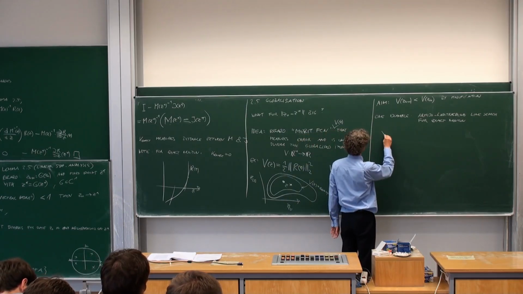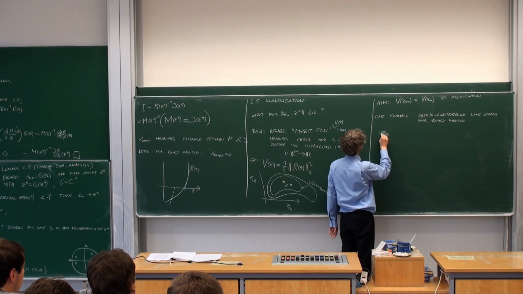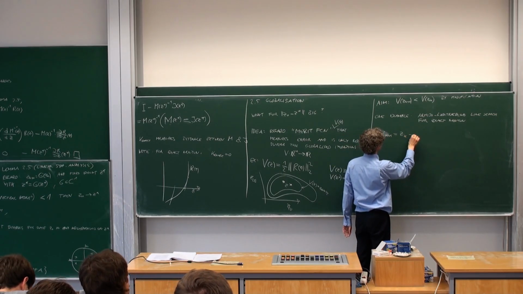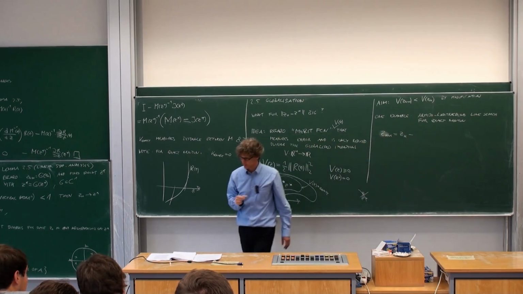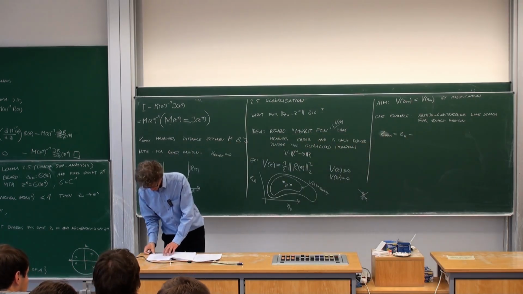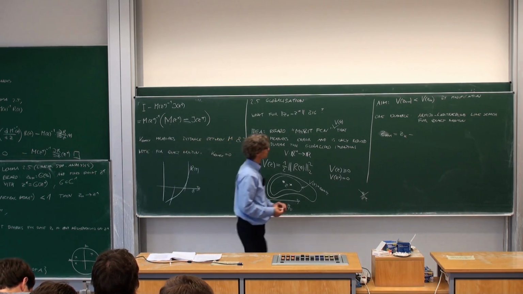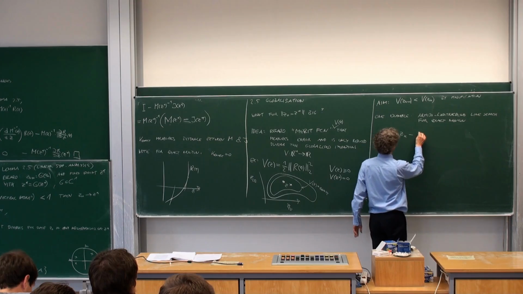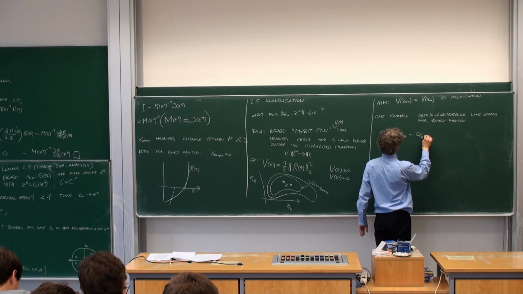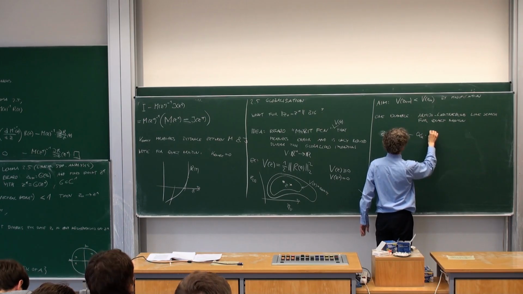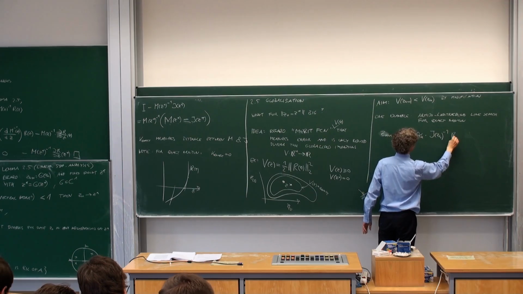You define zk plus 1 equal to zk minus, and now I modify the step by making it smaller, and I will call it alpha k, times the exact Jacobian at zk to the minus 1, and here I have r of zk.